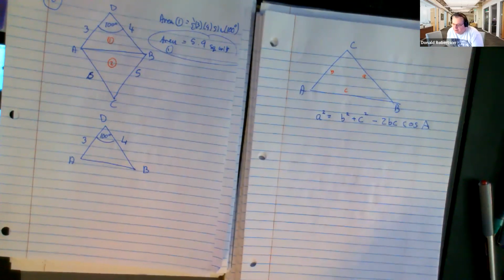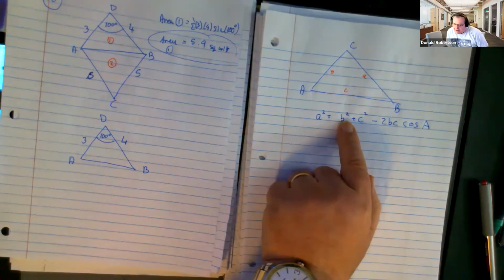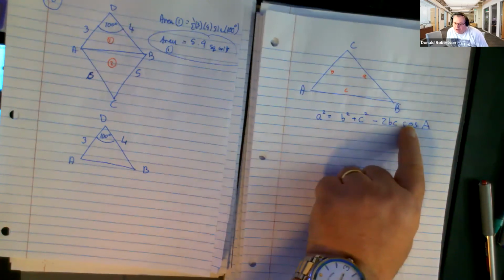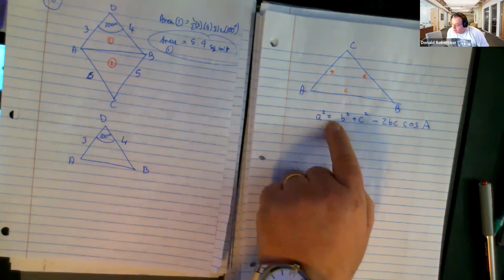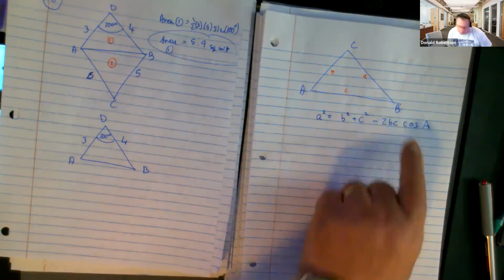That's the formula. Now you know b, you know c, and you know the angle between them. So that's what you're going to be told.